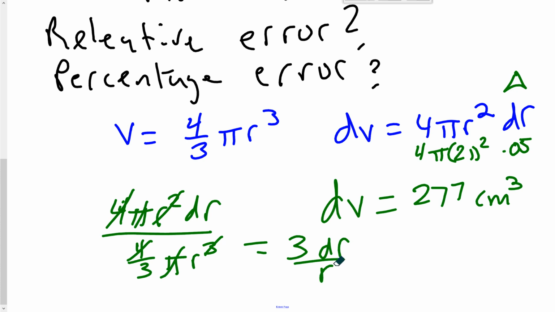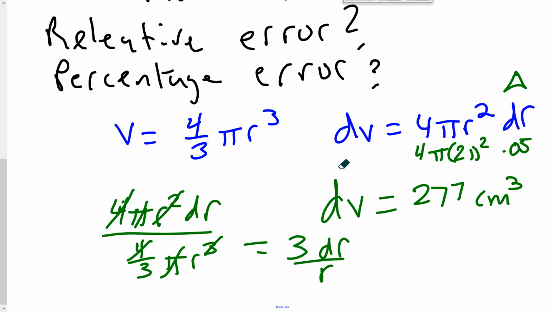So there is our relative error, and it's about 3 times. So our relative error is about 3 times the size of the radius. So 3 times. So this is what it would sound like: the relative error in the volume is 3 times the relative error in the radius.